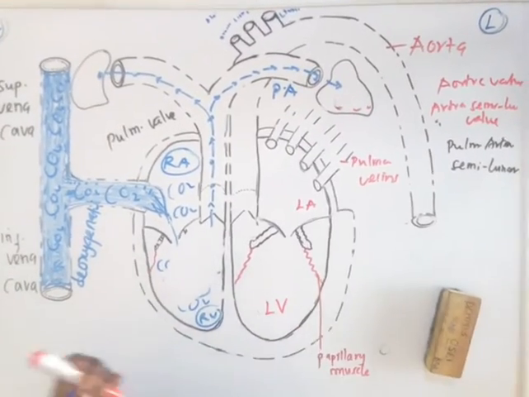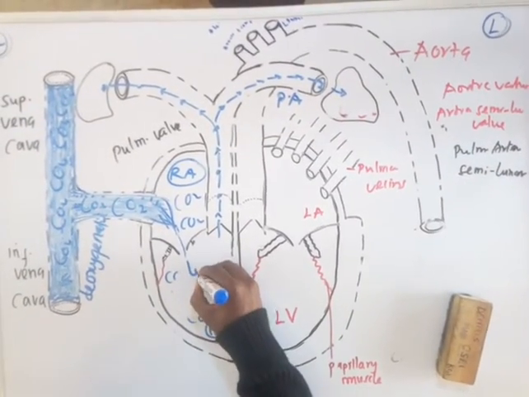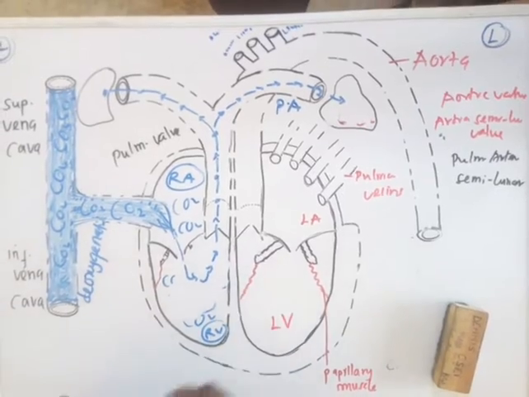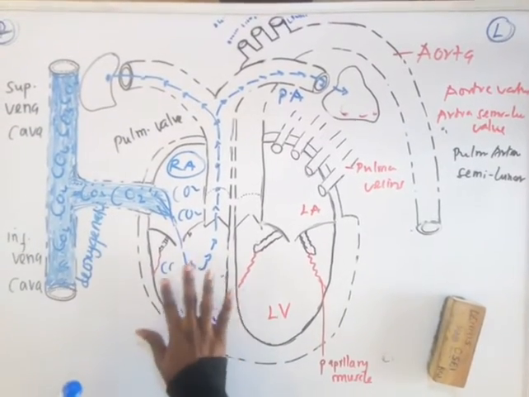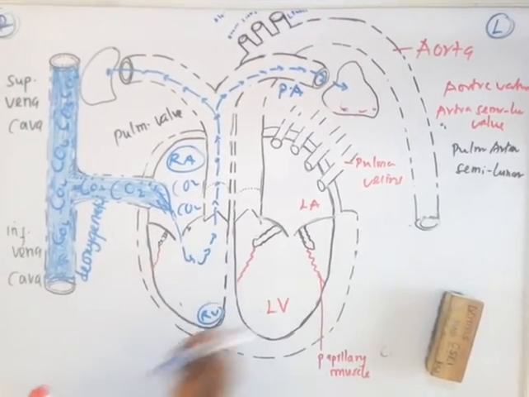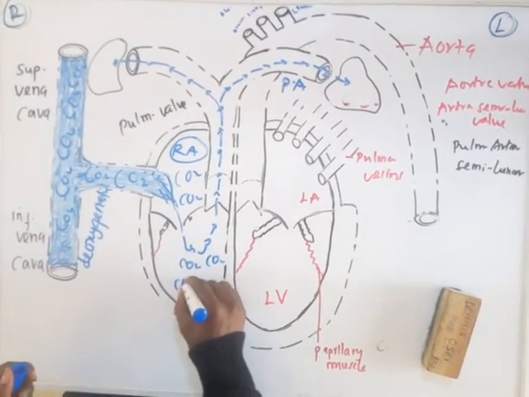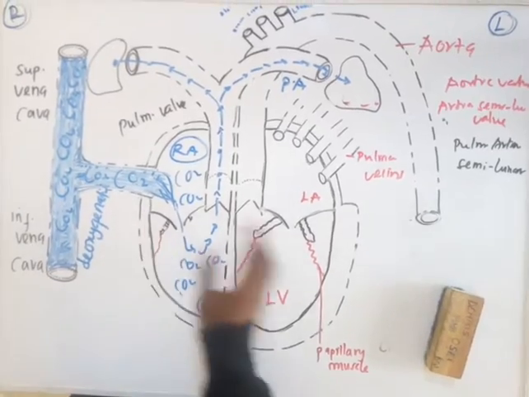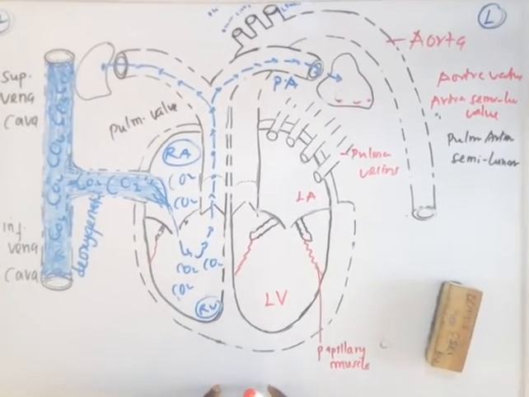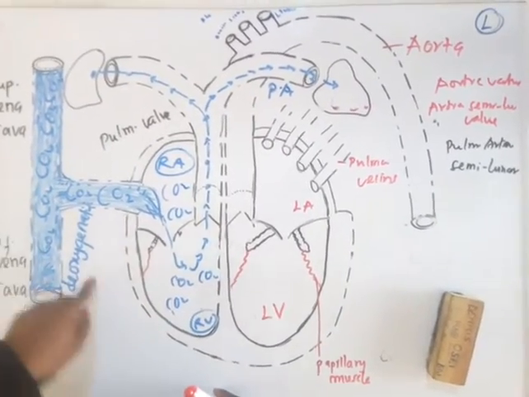So I'm describing again. This blood is CO2 blood, that is deoxygenated blood, which I call CO2 blood. Good. Now, the CO2 is the byproduct in the blood.